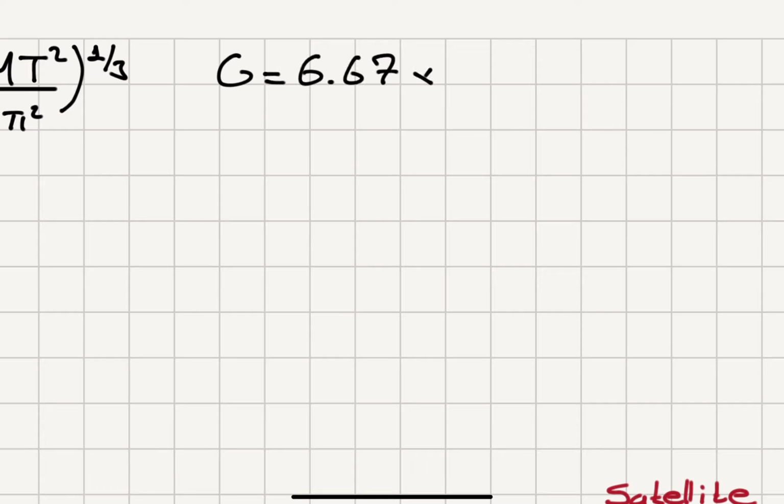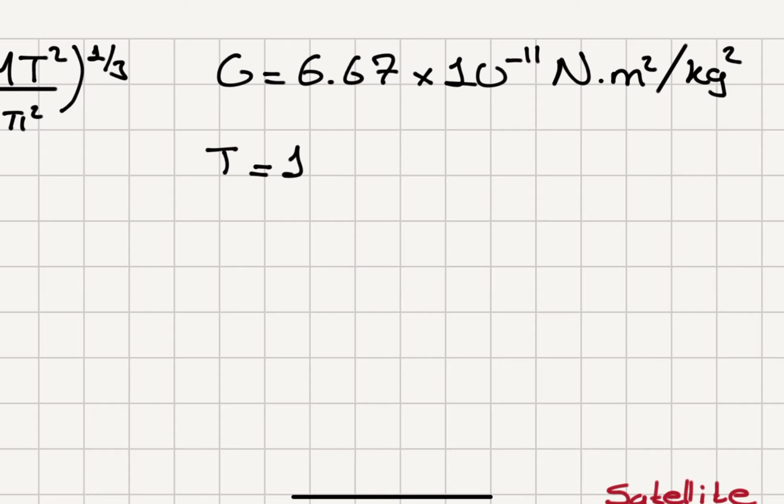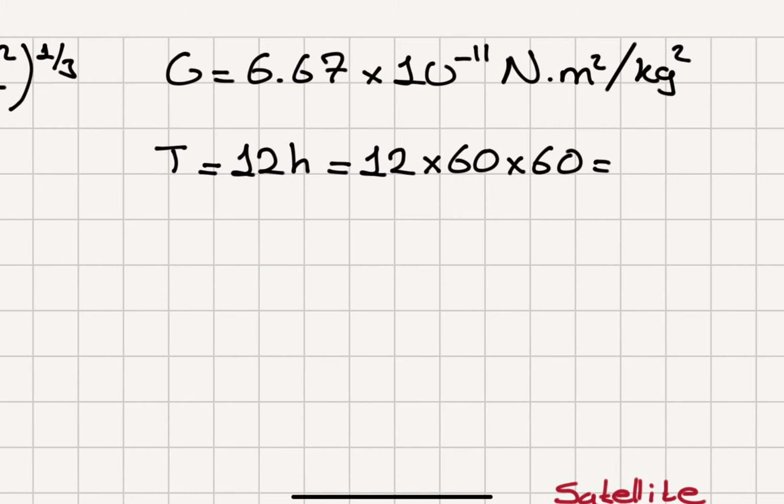Now, the gravitational constant G is 6.67 times 10 to minus 11 newton meter squared per kilogram squared. The period of the orbital motion is 12 hours, which is 12 hours times 60 minutes times 60 seconds, that is 43,200 seconds.